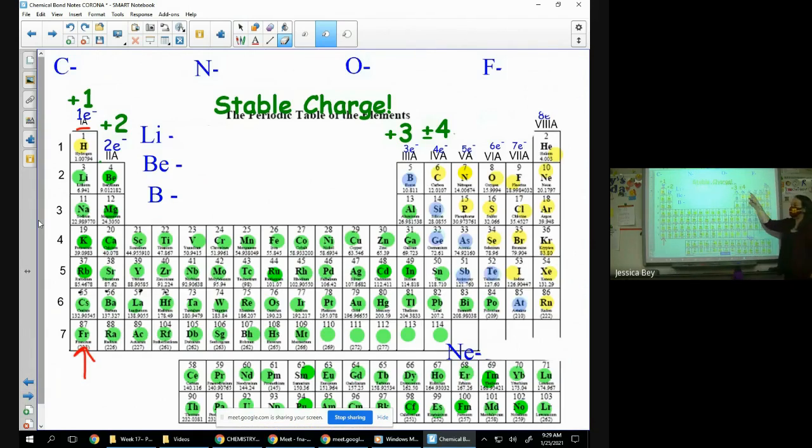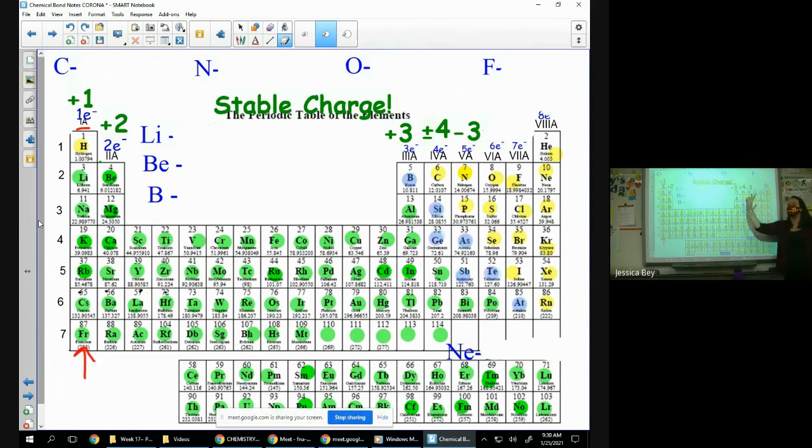How many more electrons does group 5 need to get to 8? 3 more, correct? So if it gets 3 extra negatives, everything in group 5 is going to be stable with a minus 3 charge. So you can think of it as like a hill. Plus 1, plus 2, plus 3, plus or minus 4, just minus 3.